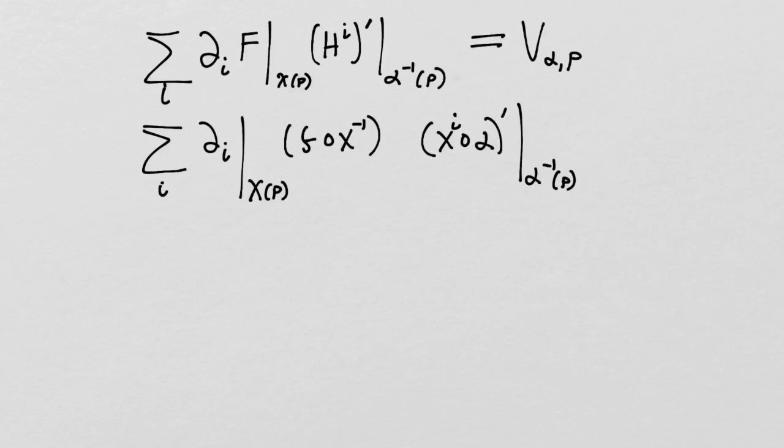Because I'm introducing the sum, I've got to keep this i component here, so I'm referring to the ith coordinate function after alpha. And this is the part I said is dependent only on the function, and this is the part that's dependent on the curve.